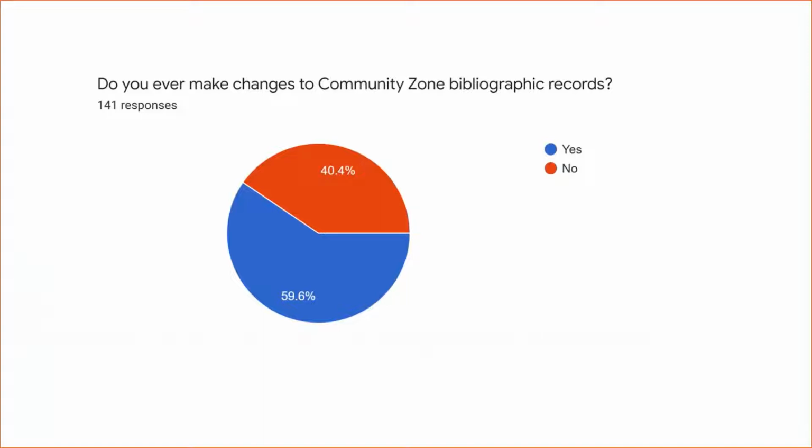So it's still a relatively small slice of the entire ALMA user community. Nevertheless, it was a little bit surprising to me that only 60% make changes to CZ bib records.